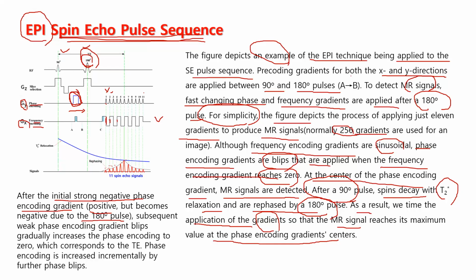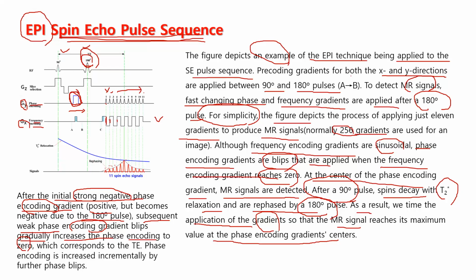So we can infer that at this point, it has the largest negative phase encoding gradient. And then the positive phase encoding gradient is applied in this process. The subsequent weak blip type phase encoding gradients gradually increase the phase toward 0.